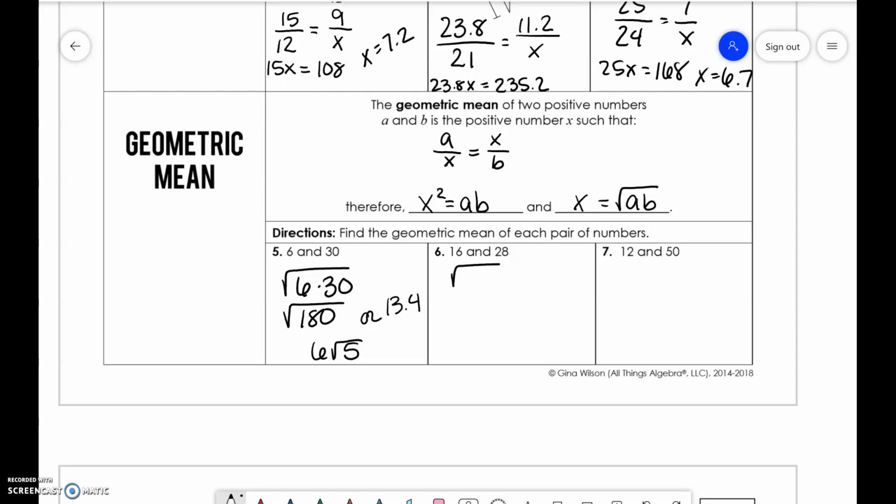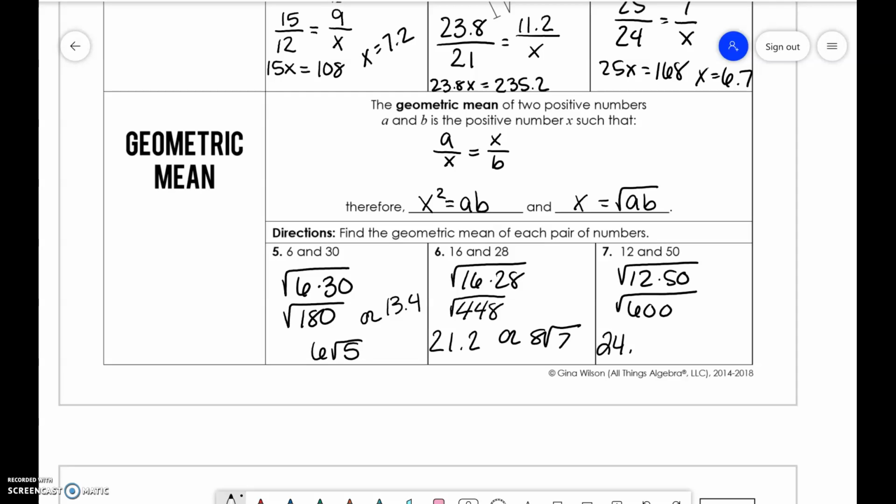For this, we are going to do 16 times 28, which is 448. So we can get 21.2 or 8 root 7. 12 times 50. So we have 600. So we would do 24.5, or you can do 10 root 6. Okay.